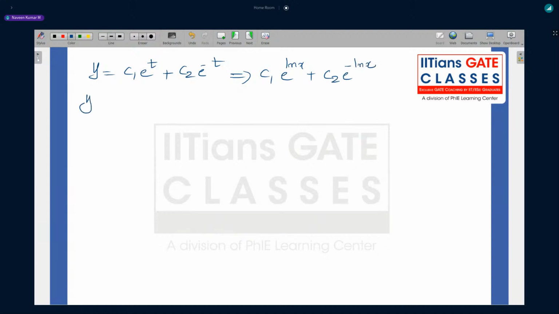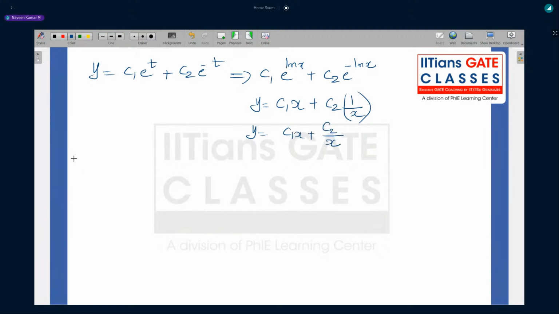From here I can say y is equal to c1 times e to the power of ln x, which is x, and c2 times the inverse, 1 by x. So from here I can say the solution is c1x plus c2 by x.